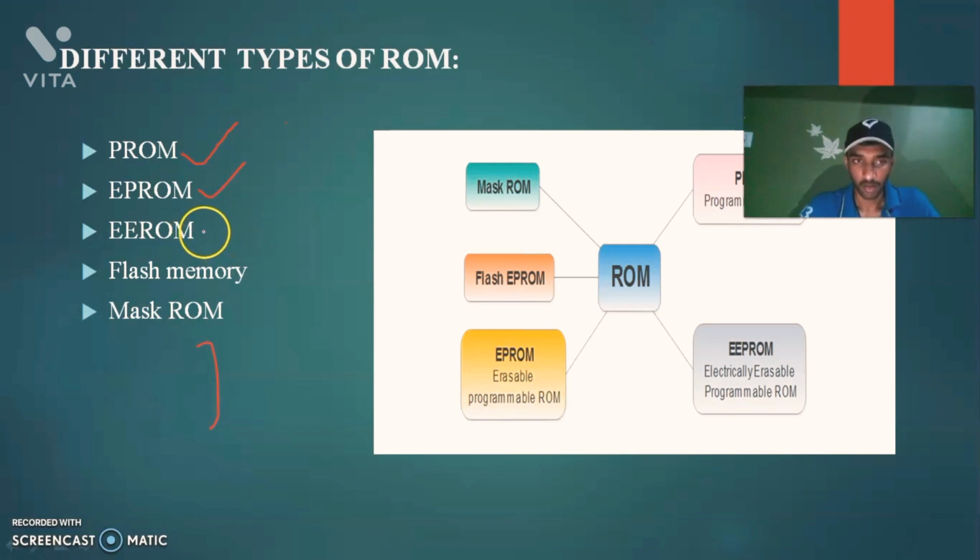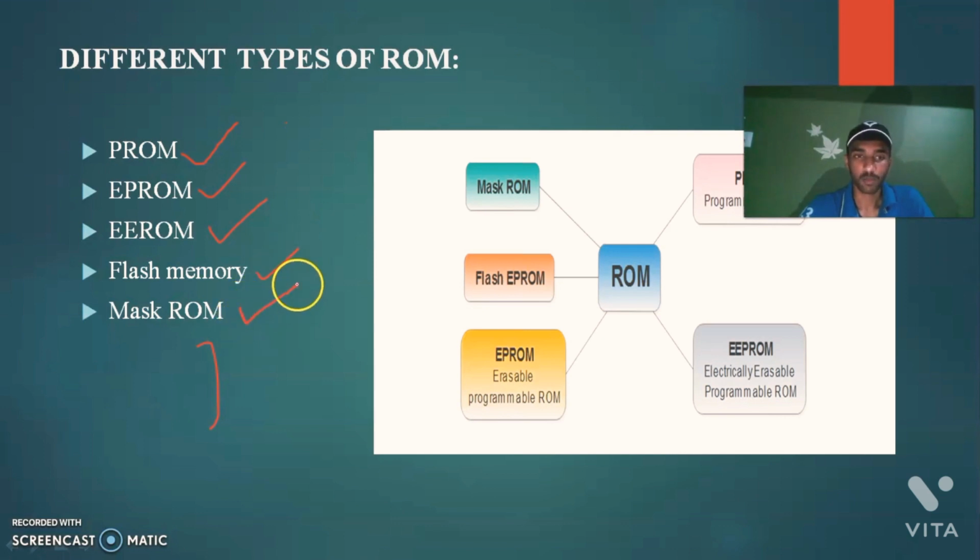We can erase the data using electric signals, electric voltages. EEPROM erases the data bit by bit, and that's one key factor of EEPROM. Flash memory is a special type of EEPROM where I just want to erase an overall word or a whole page of data. In that case I use flash memory.